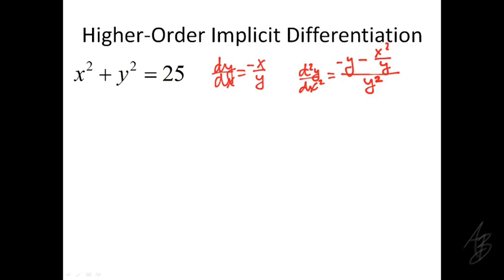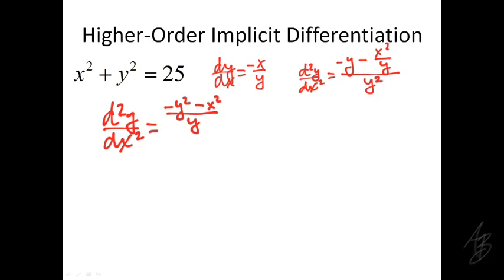So to get a common denominator there, we get the second derivative of y with respect to x is going to equal negative y squared minus x squared all over y.